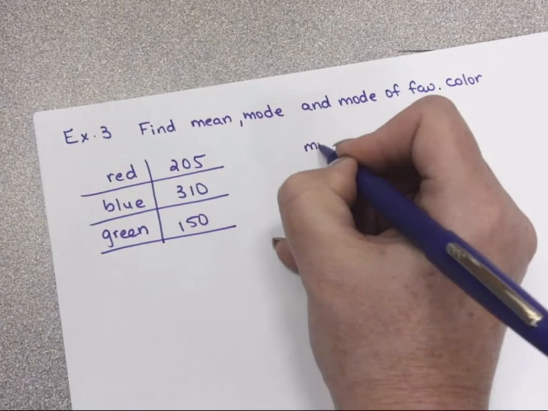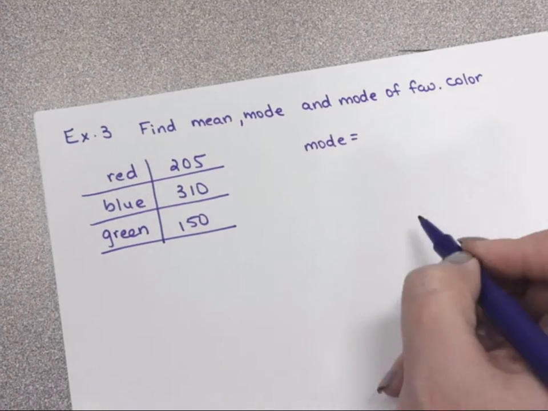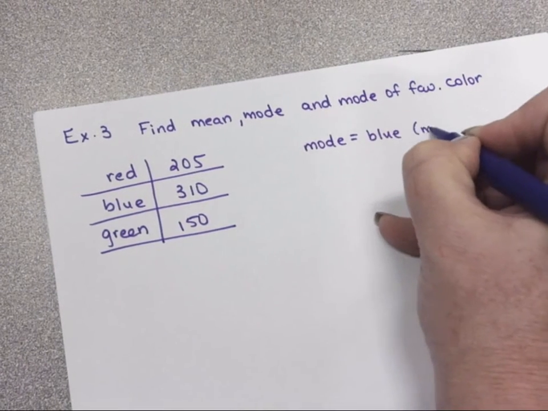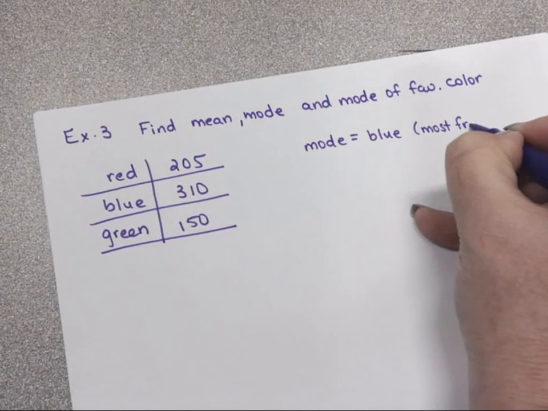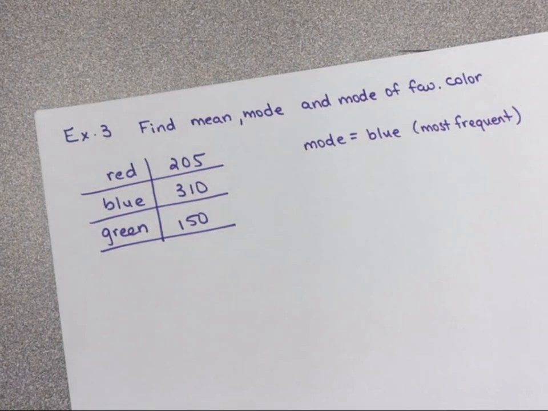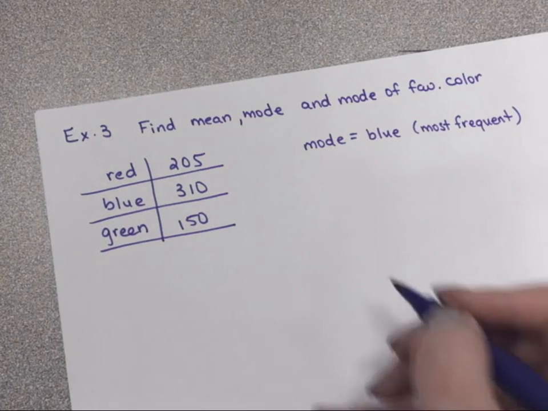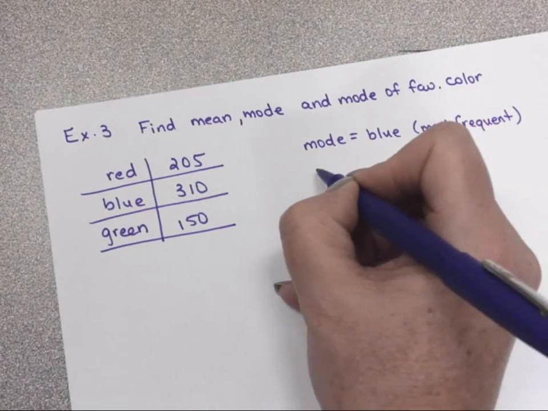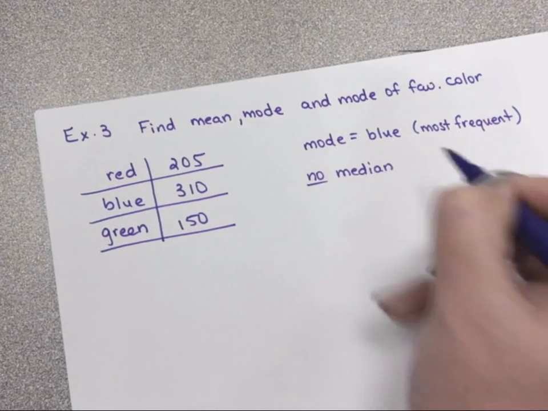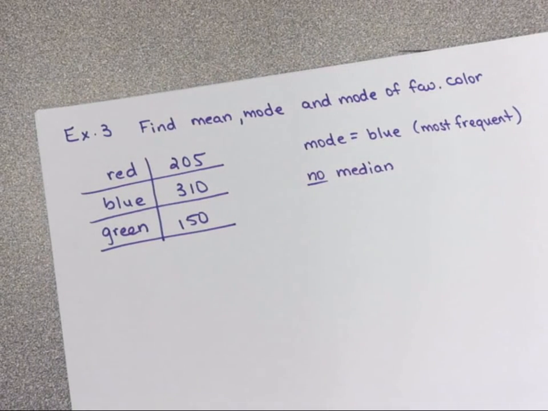So notice that the mode is really easy to pick out, right? The mode is the most frequent color, which was what? Blue. But notice that if I try to pick a median, there's actually not going to be a median. It doesn't really make sense to order these. Does that make sense? They're not numeric data, right? It's color data.